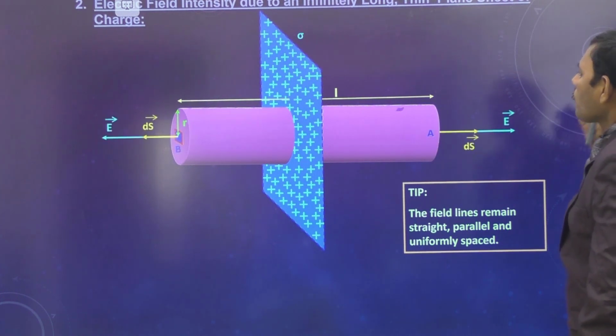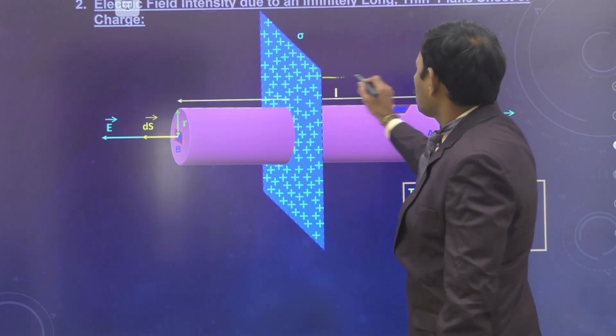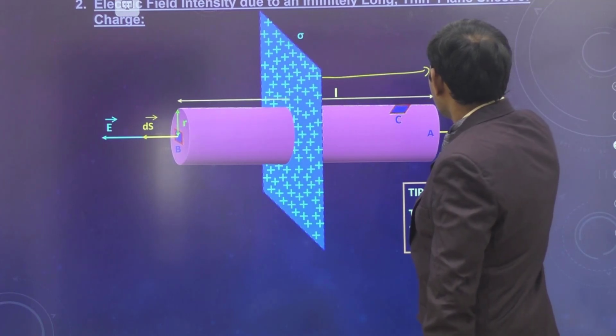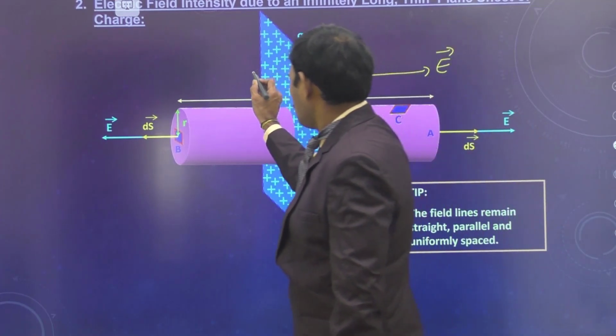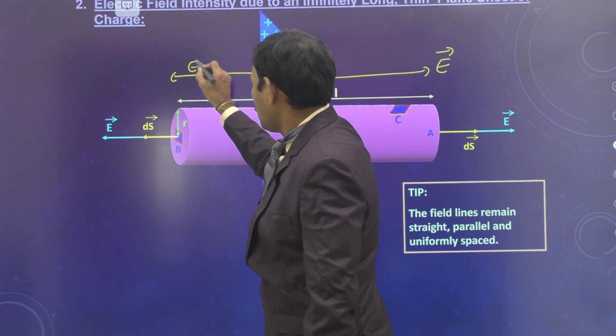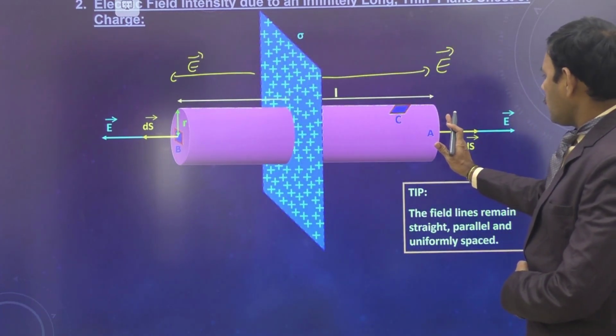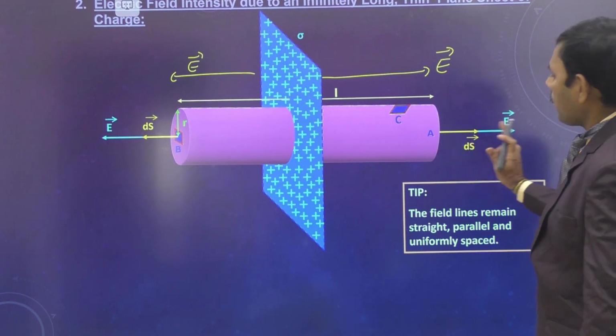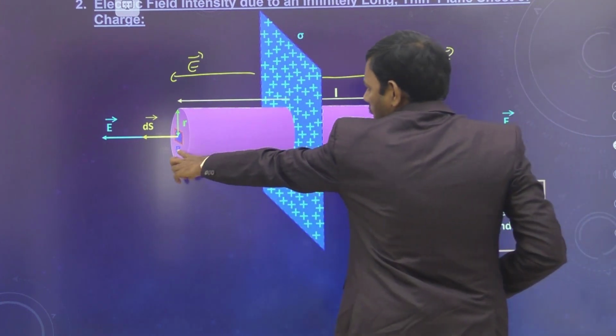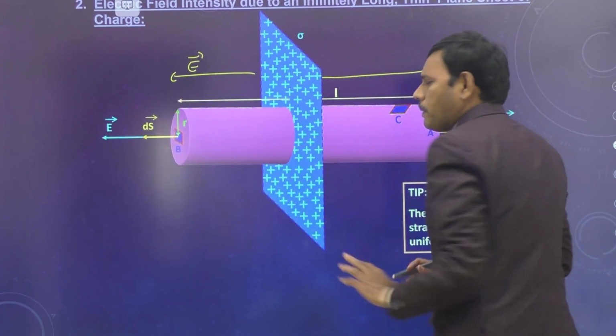Here also the electric field is directed towards the right side, and towards the left side the electric field is directed like this. For the right side flat area, E bar and area vector are parallel. For the left side flat area, E bar and area vector are parallel.